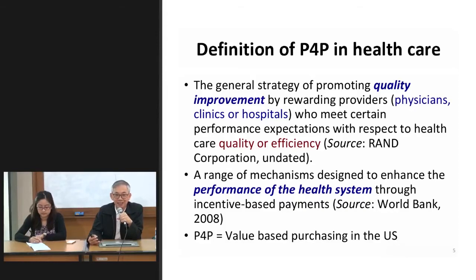So the definition by the World Bank may not put the emphasis on the quality, but it may be something hidden within the performance. So it's not well specified or not explicitly specified as in the RAND Corporation's definition on quality.